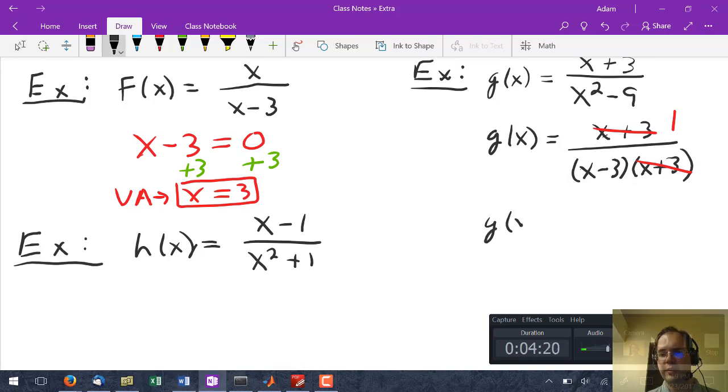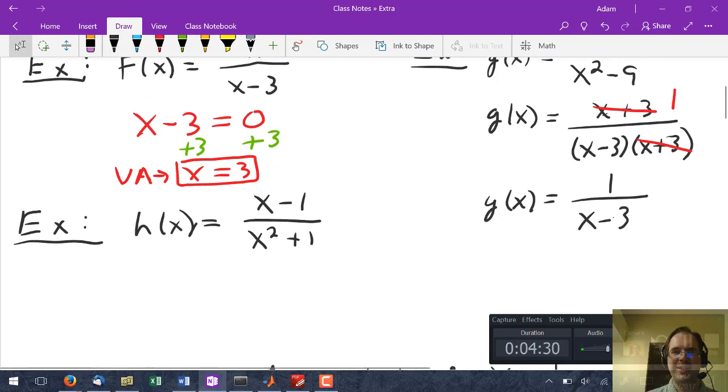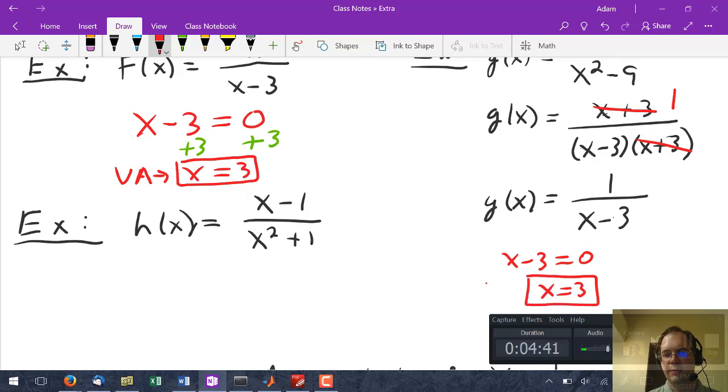So this function is simplified to be 1 over x minus 3. Actually that's similar to what we just did, right? But now that it's simplified, we can set the denominator equal to 0, and if we solve it, we get x equal to 3. And that's what they call the vertical asymptote.